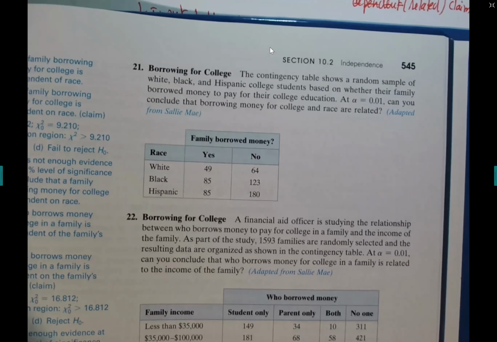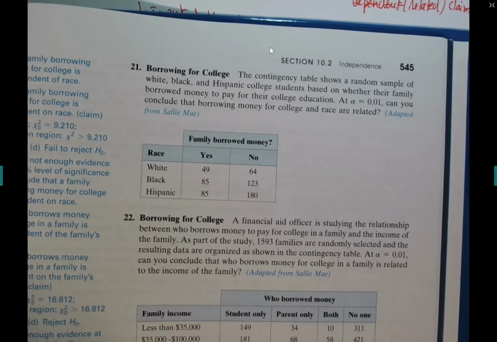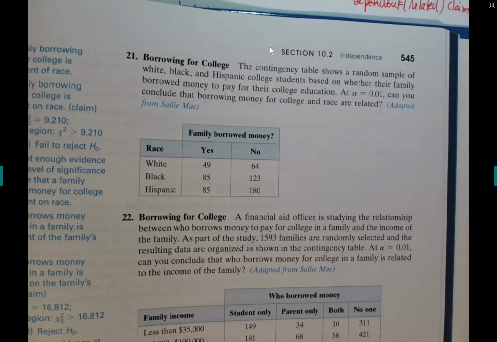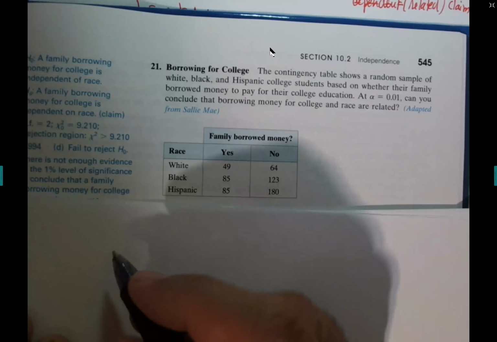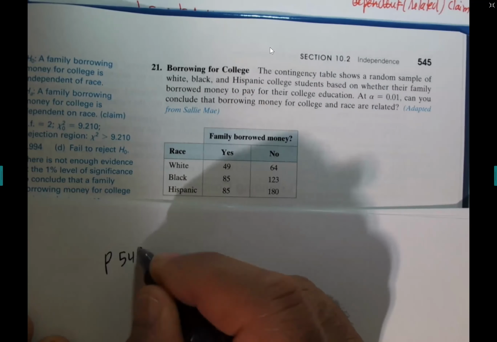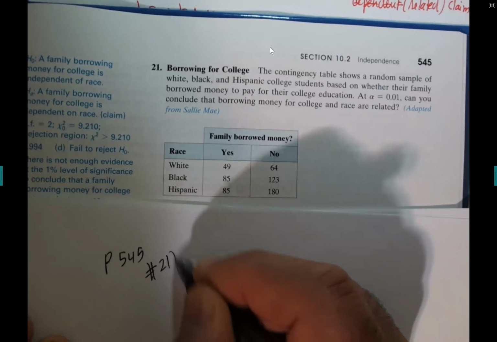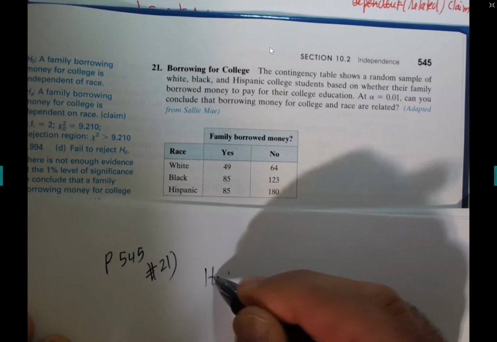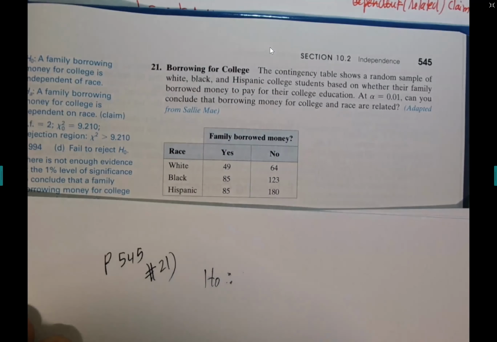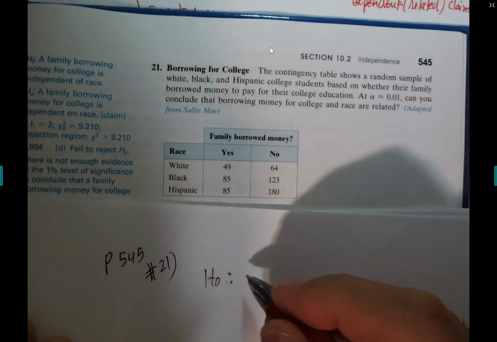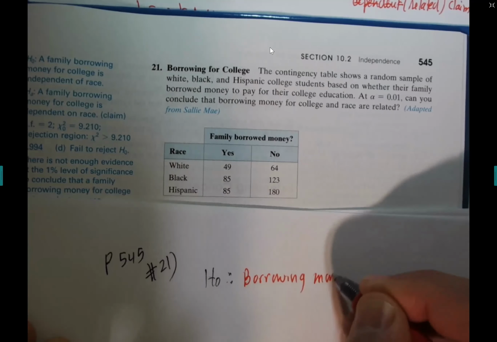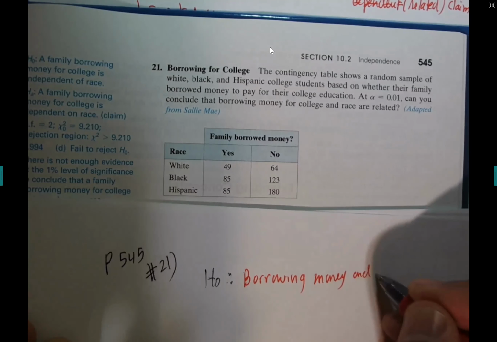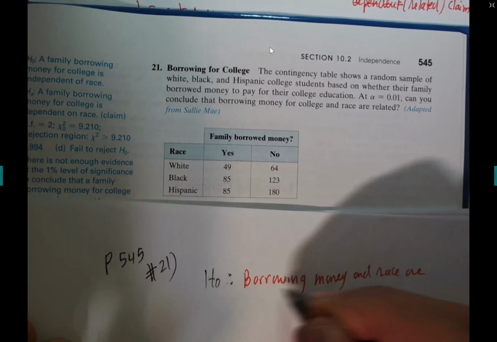Okay, let's state this one, guys, and show you how we can complete this exercise. Number 21, page 545. H0, guys: borrowing money for college and race are not related, they are independent.